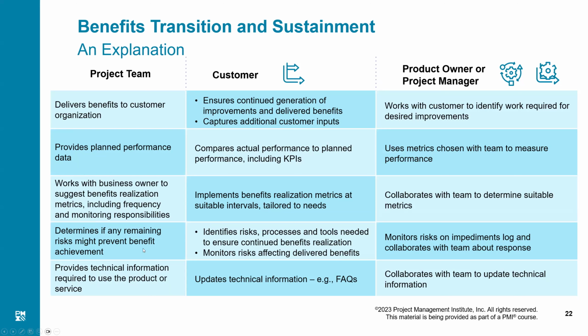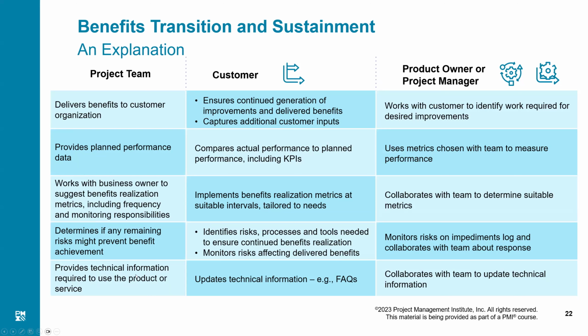Then the project team determines if any remaining risk might prevent benefit achievement. So the customer identifies the risk, processes and tools needed to ensure continued benefit realization, and monitors the risk affecting delivered benefits. Whereas the product owner or project manager monitors the risk on the impediments log and collaborates with the team about response.